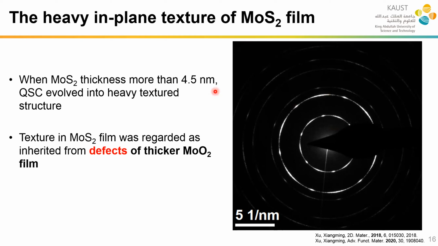After converting the molybdenum oxide into molybdenum sulfide, if the thickness is more than 4.5 nanometers, it's no longer a single-crystal-like pattern, but it's also a little different from a polycrystalline structure. We can still see some preferred orientation, because some areas are highly oriented, as the points show. So it means there's a heavy texture in the thicker molybdenum sulfide if we use our epitaxial phase conversion process.